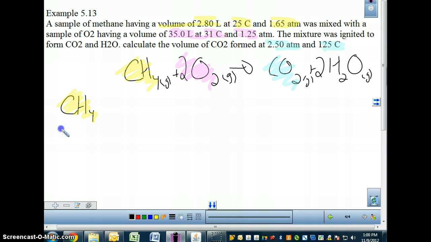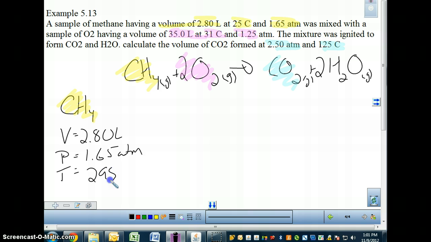I have a volume equal to 2.80 liters, a pressure equal to 1.65 atmospheres, and a temperature equal to, I don't like 25 Celsius, I'm going to go ahead and add my 273 to that, and I get 298 Kelvin.